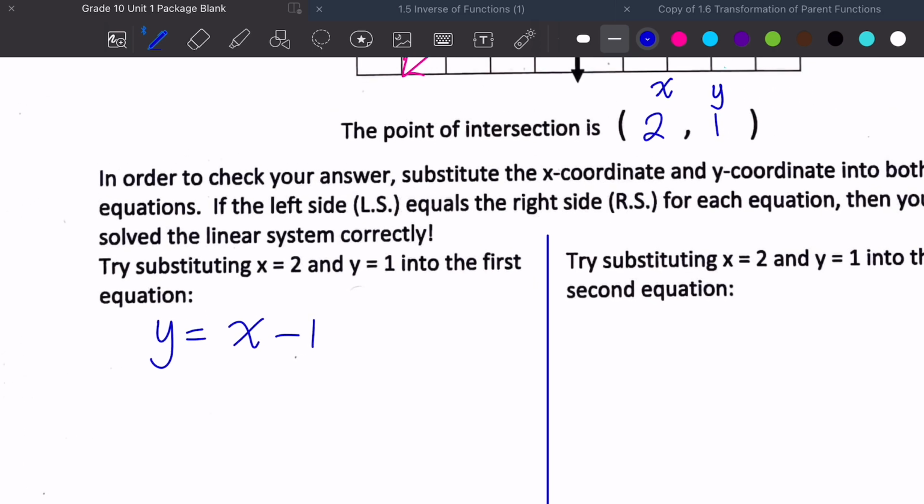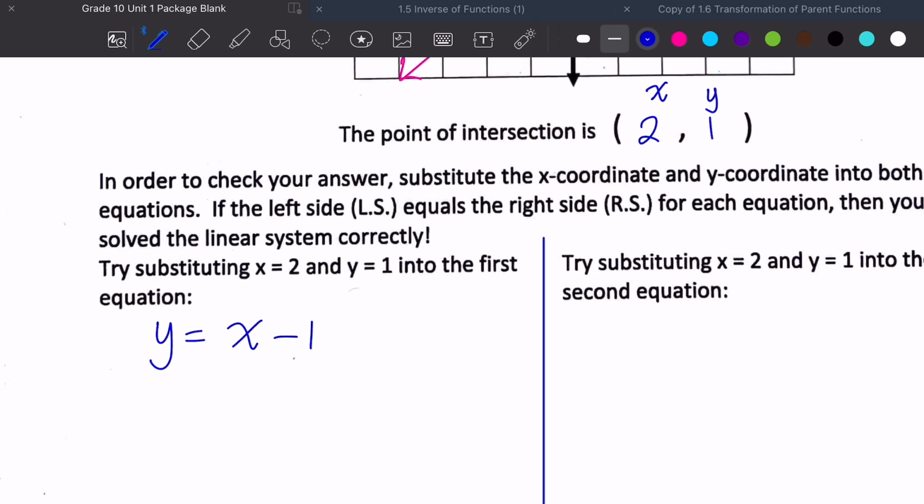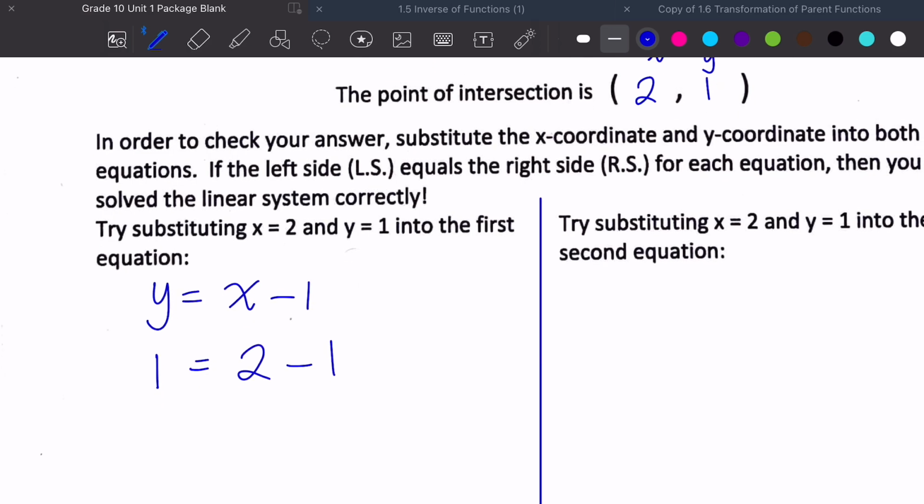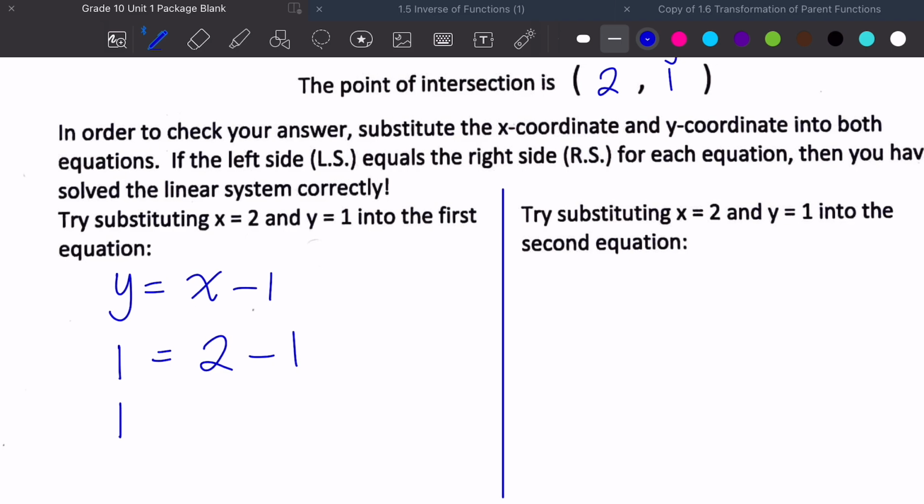I'm going to plug in our y coordinate, 1 for y, and 2 for x, since we said that was the x value of the point of intersection. On this side, I can't do anything, we just have 1, but 2 minus 1? That does equal 1. 1 equals 1, that's true. Left side equals right side, so that proves that for that equation, it works.